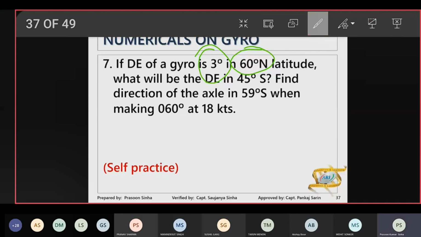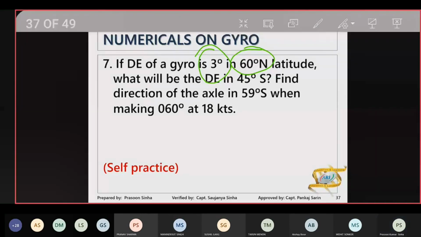So I have given this as self practice because the first part is explained now. The first part is already explained, how to do it. The second part says find out the direction of the axle. What is this axle? Which axle of the ship?